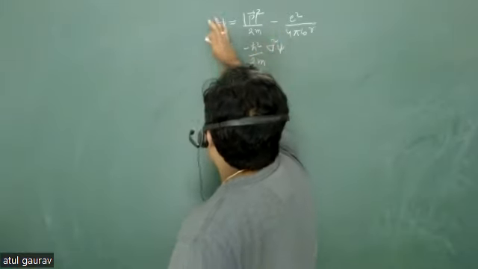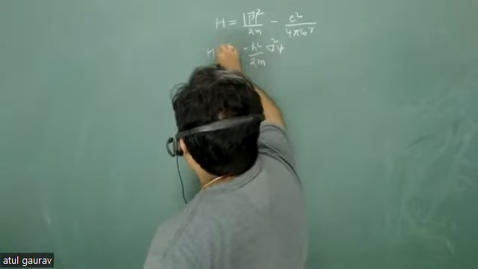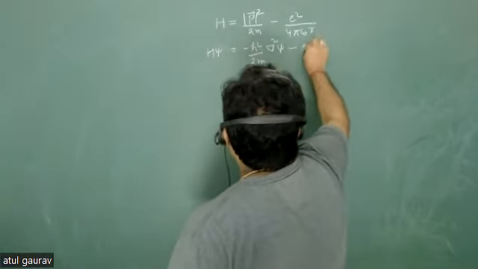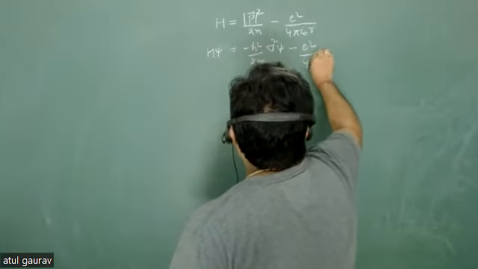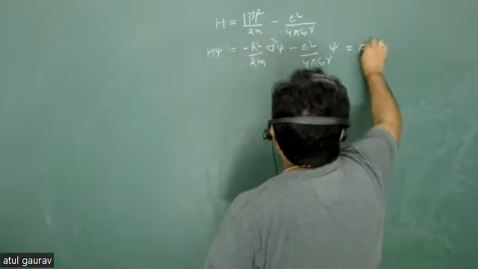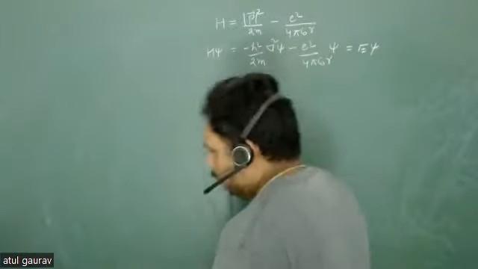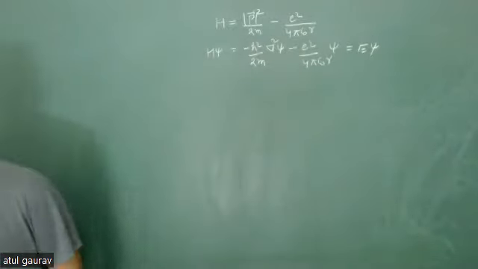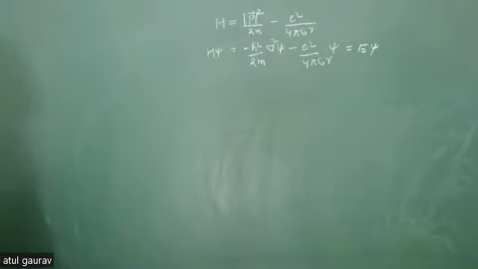Psi, you can just go for H psi, minus e square upon 4 pi epsilon naught r psi is equal to what, E psi। और यहां पर हमने psi तो निकाल लिया था, and this is solved by the Schrodinger wave equation.